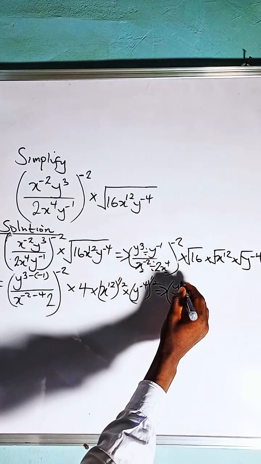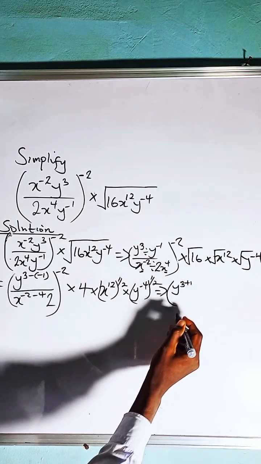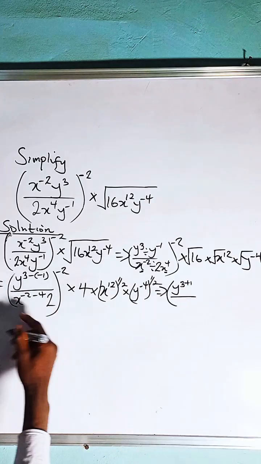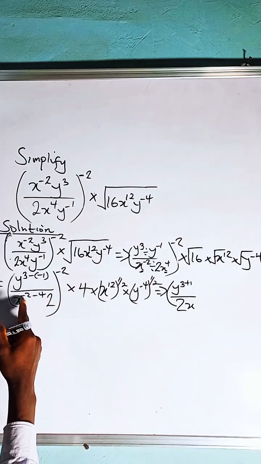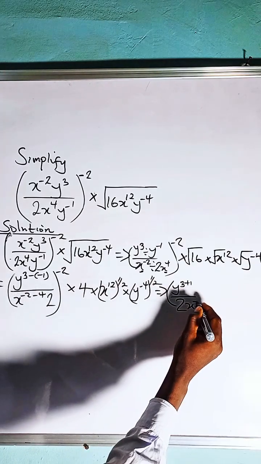Breaking it down further, for y we have the power 3 plus 1, over x, minus 2 minus 4, which is minus 6.